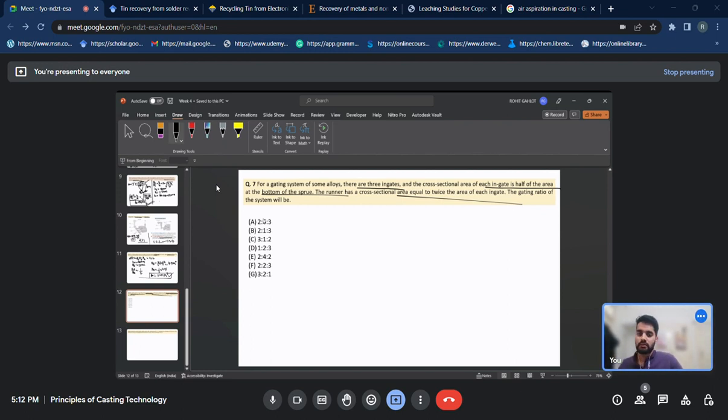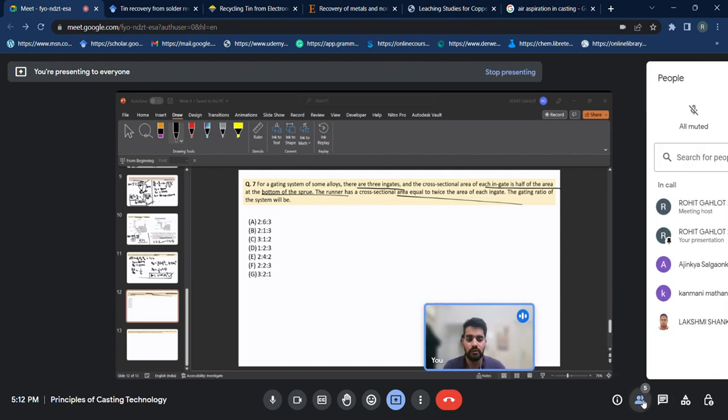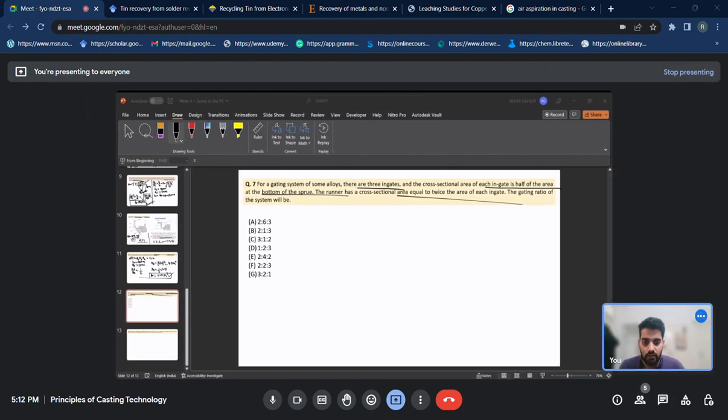Okay, then if we see the question, the runner has a cross-sectional area equal to twice the gate.